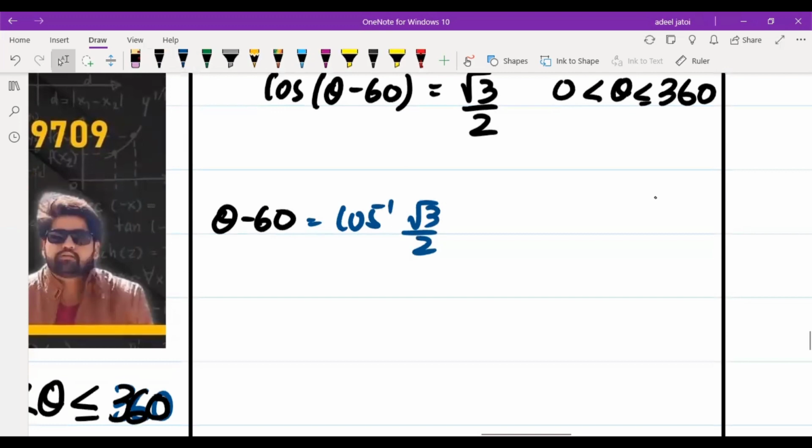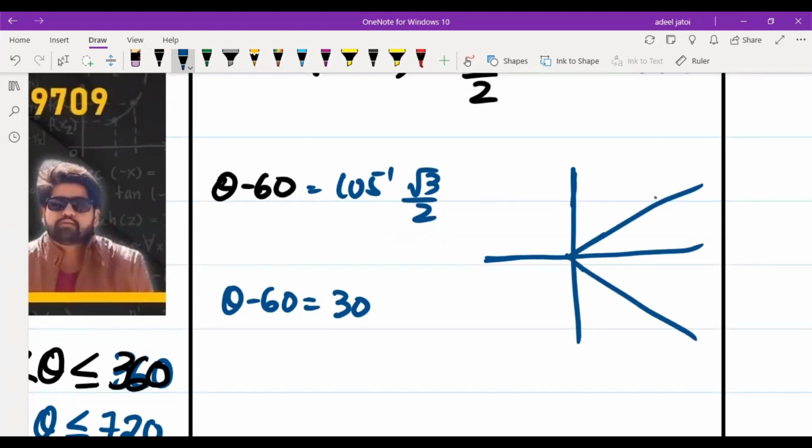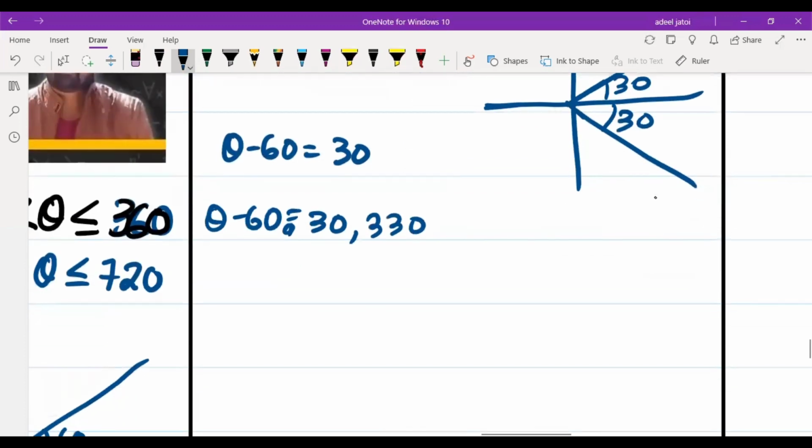Your basic angle here is 30. Considering cos, your first and last quadrants are positive. So the answers that we get are 30 and 330, since theta is equal to 30 plus 60 and 330 plus 60 as well.